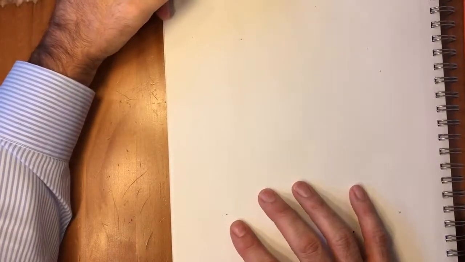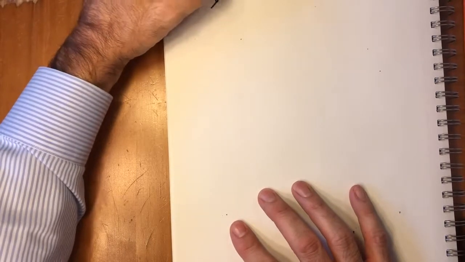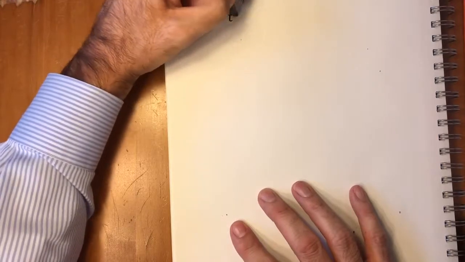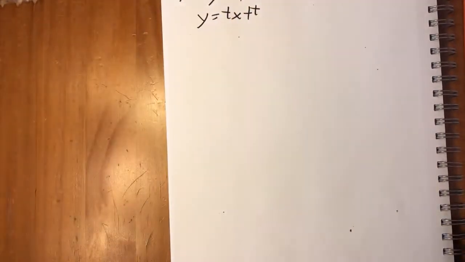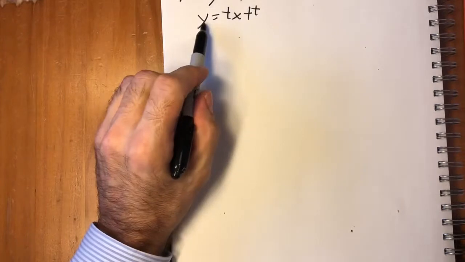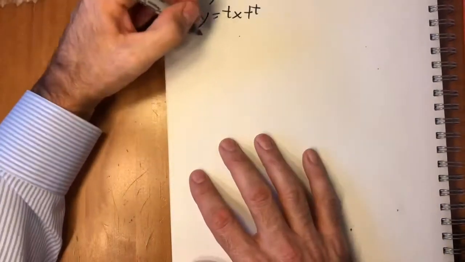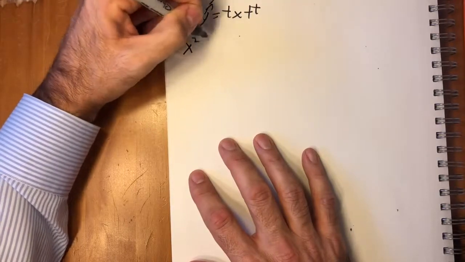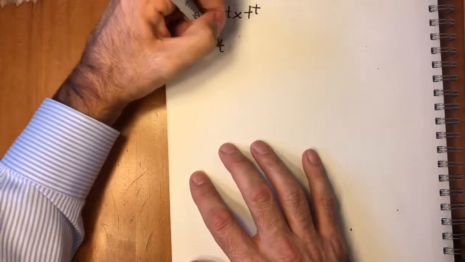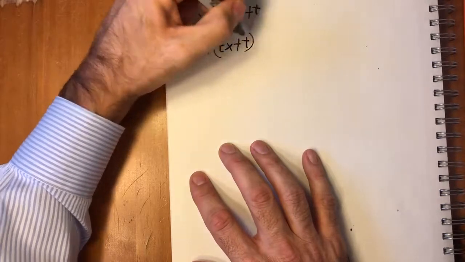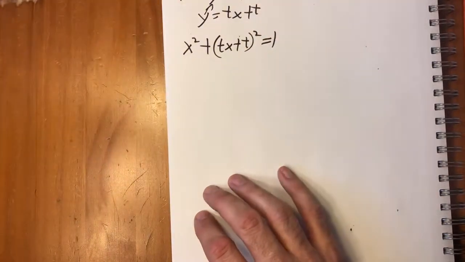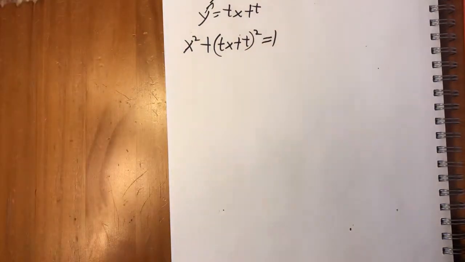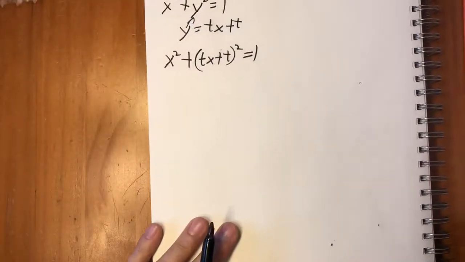We have two equations, x squared plus y squared equals 1, and y equals tx plus t. Well, this is easy. We can just plug y into this. So plugging this into this, we end up with x squared plus (tx plus t) squared equals 1. Again, we're trying to solve for x and for y in terms of t.